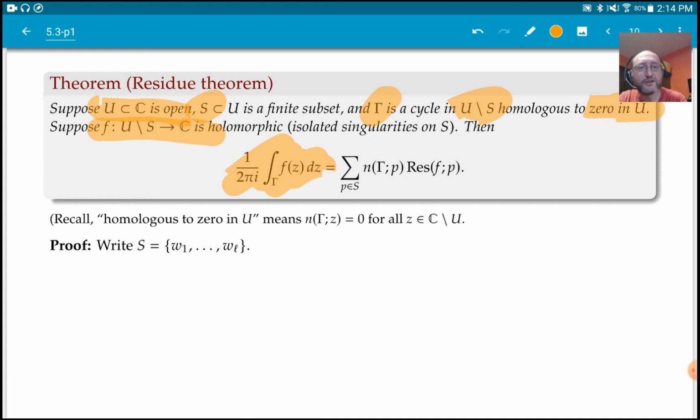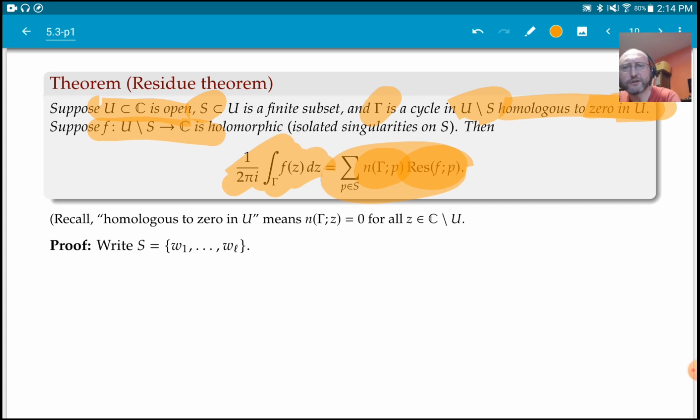But basically the integral around gamma of f is equal to the sum over all the isolated singularities, where we multiply the residues and the winding numbers together, and we sum that, and that's what the integral is. So it gives us a way of computing the integral around any cycle, as long as it's homologous to 0 in U, by basically computing the residues.